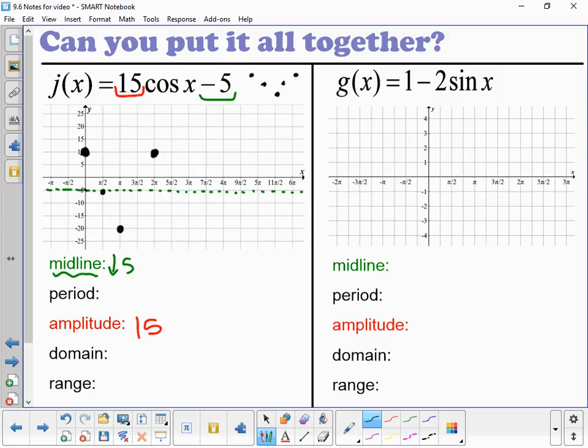And then halfway in between, it's going to be right on its midline. So here's my pattern, and I can extend it to include the rest of the coordinate plane here. And then we can sketch it in.